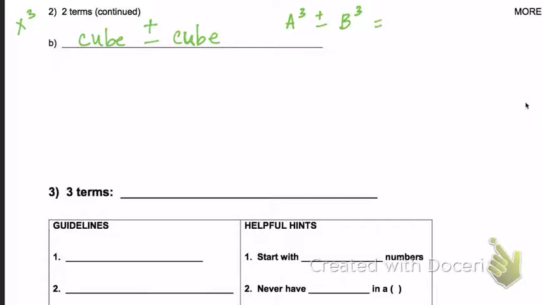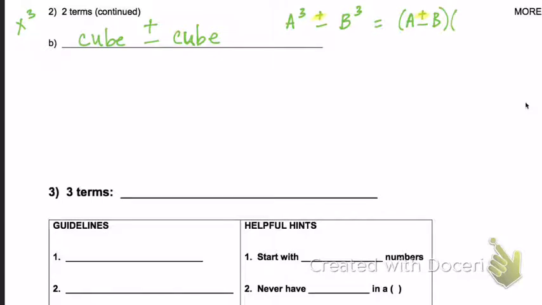The formula for that is you have a plus or minus b, and that's going to match, so if you have a plus here, you'll have a plus here.